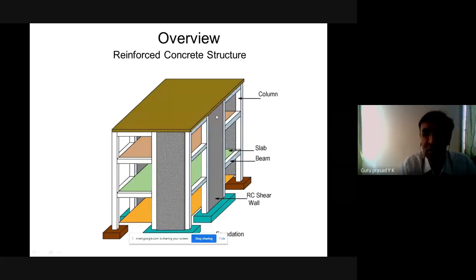Reinforced concrete walls are also introduced to provide stiffness as well as lateral stability to the building in cases like earthquakes, shear walls. When we provide shear walls in the building, it gives higher resistance towards lateral forces, especially horizontal forces such as earthquakes.